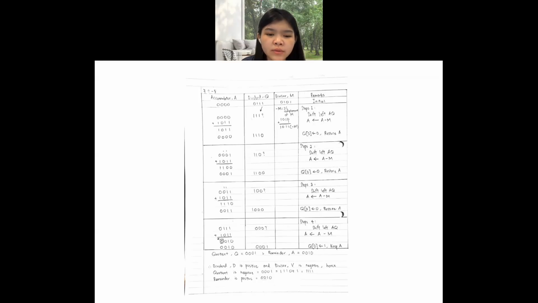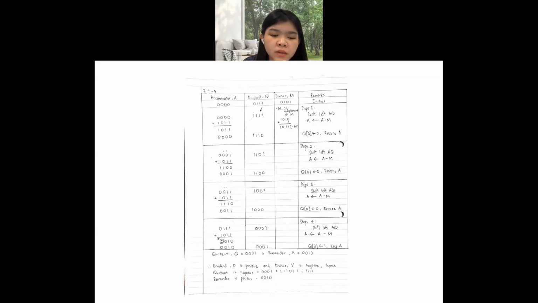Okay, after that we move on to step 4. In step 4, we need to shift left again. So A becomes 0111 and the Q becomes 000 with an unknown number. We do A minus M again and store the value into A. It becomes 0010, which carries a 1 in front, but we only have 4 bits, so we ignore it.